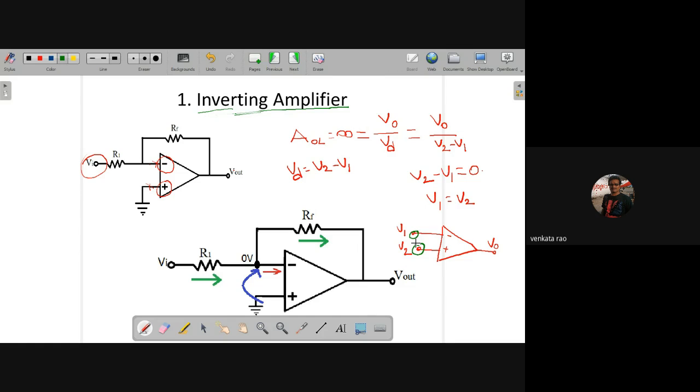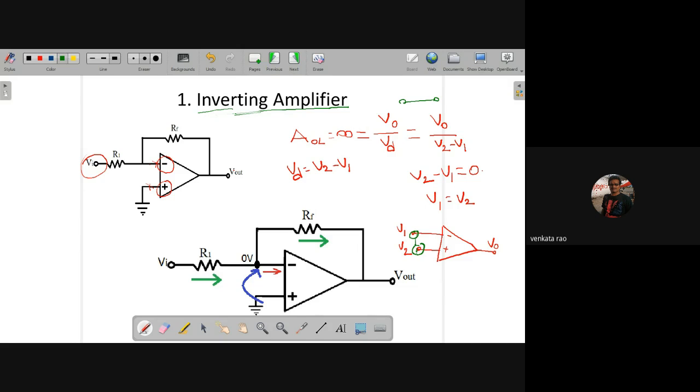So between 2 points, if you want to maintain the same voltage, those 2 points should be short circuited. Then only you can maintain the same voltage. So practically these two are not short circuited, but even though both are maintaining the same voltage. That's why we call it the virtual short circuit concept.